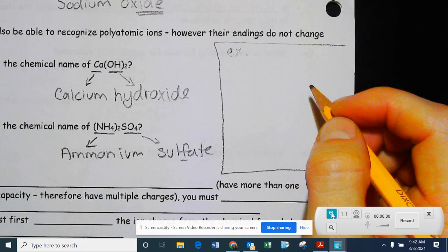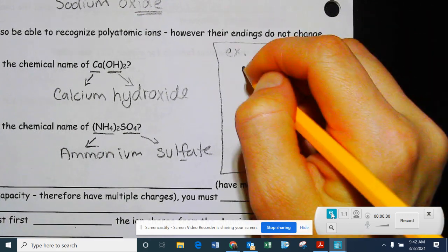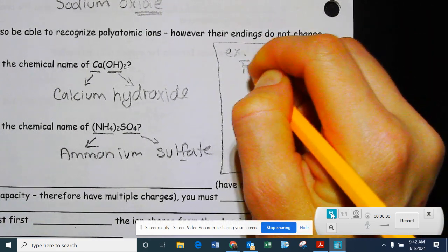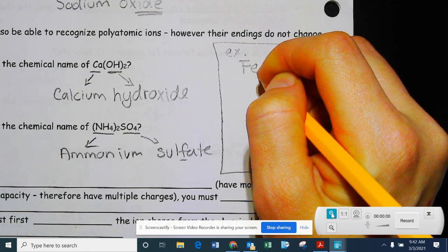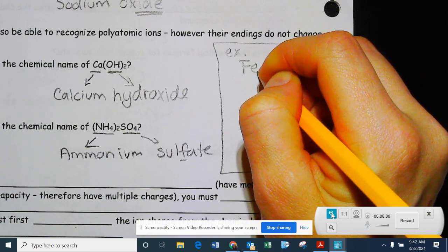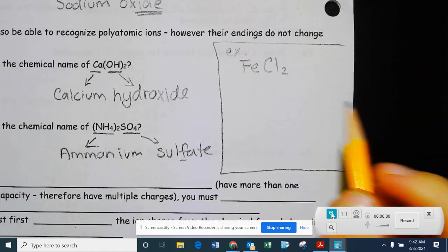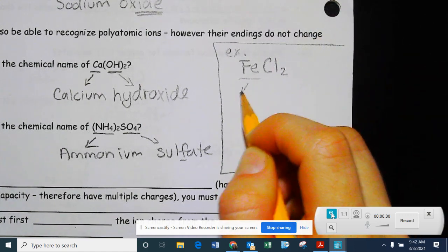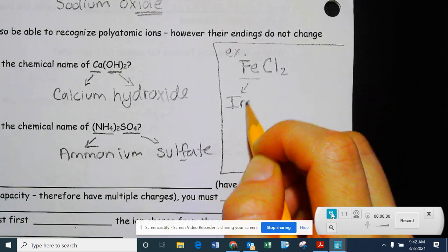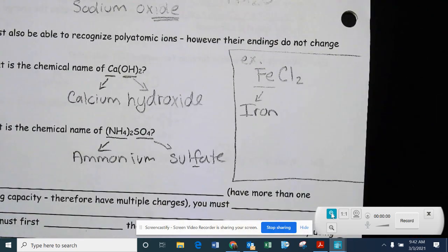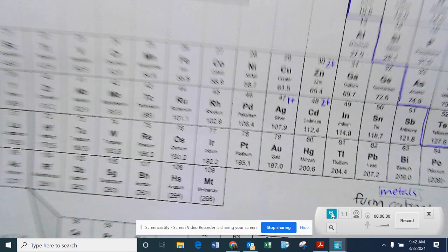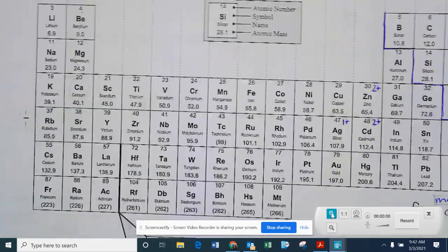Okay, so let's do FeCl2. Okay, FeCl2. So I'm going to write the name of my cation first. So Fe is iron. If we look on our periodic table, do I know the charge of iron?